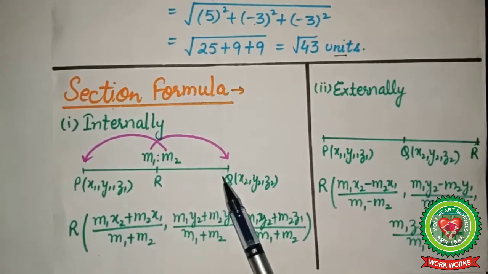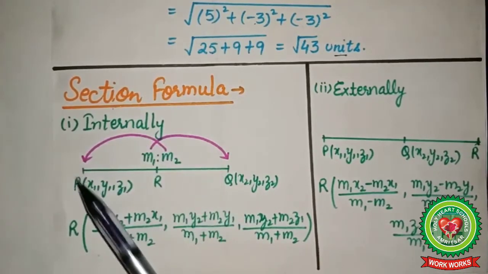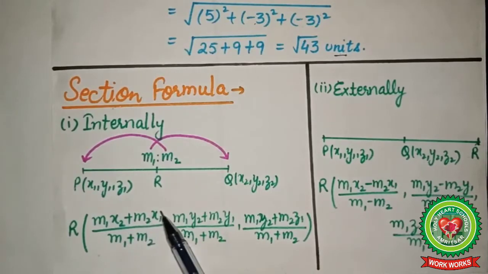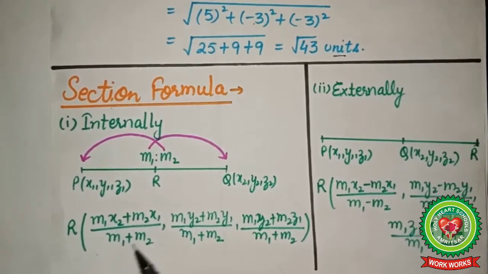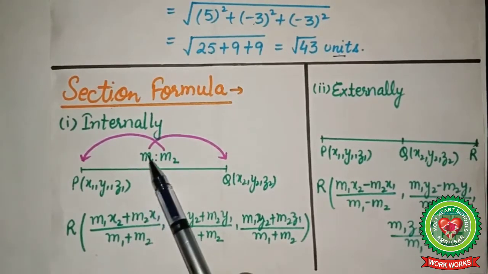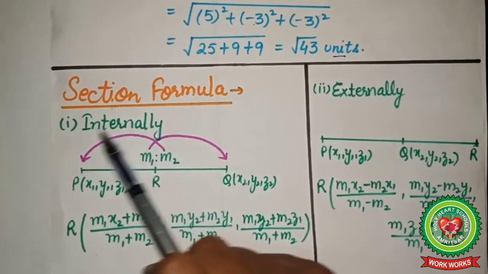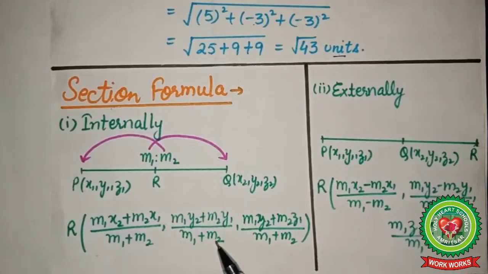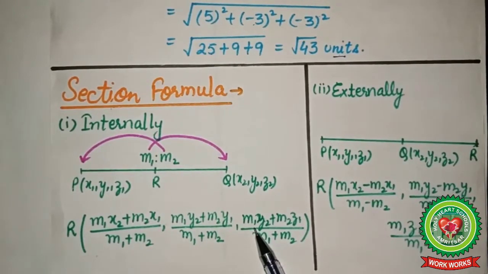We have to multiply m1 on this side and m2 on this side. So plus m2 x1 upon m1 plus m2. Similarly for the y coordinate, it is m1 y2 plus m2 y1 upon m1 plus m2. Third, we will same write in for the z. It is m1 z2 plus m2 z1 upon m1 plus m2.